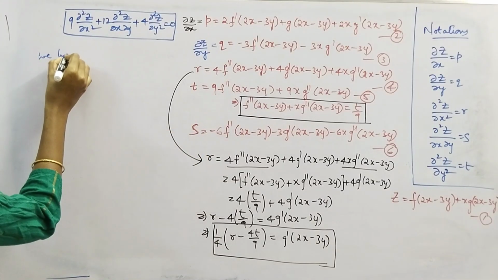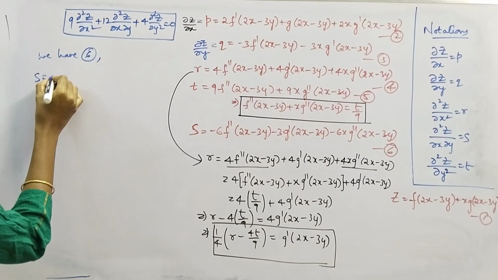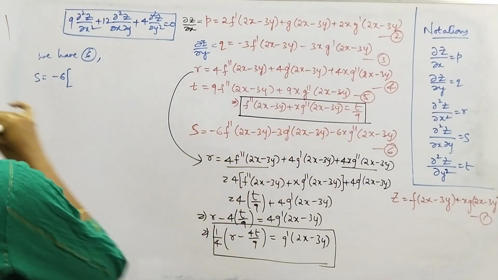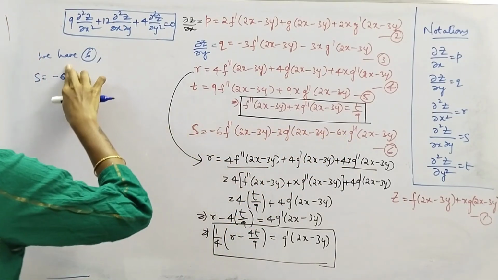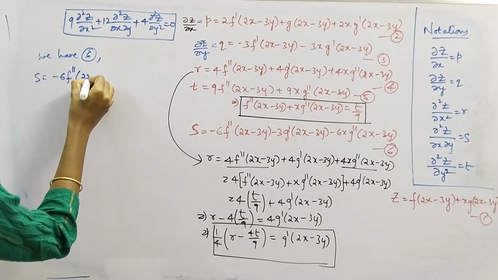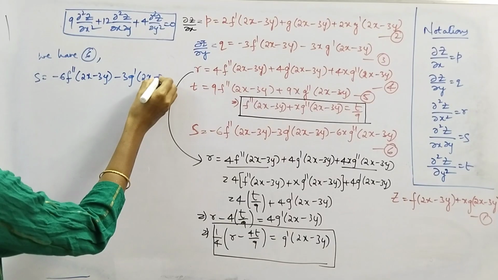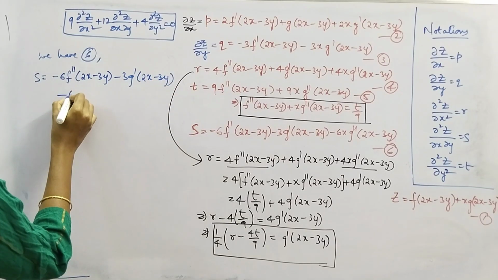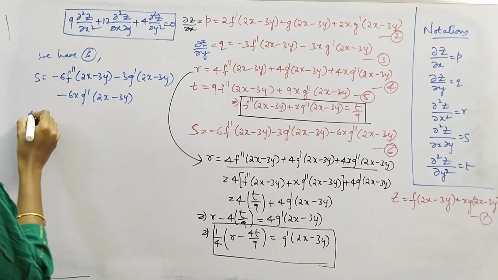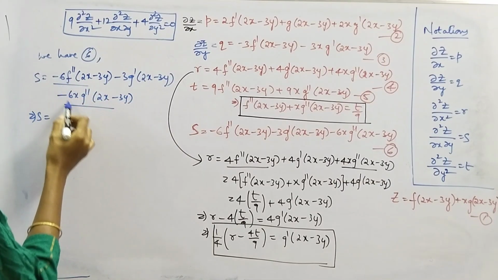We have equation 6, that is s equal to minus 6 times f double dash. Let me write the equation first. Okay, now let's take minus 6 common from these two terms.